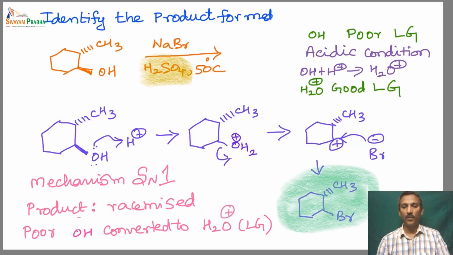In the first step, the lone pair of electrons on the hydroxyl oxygen is bonded to the H+, that is the proton. So this is getting converted into H2O+. The H2O+ is a very good leaving group, so this is lost. So here we have minus H2O.